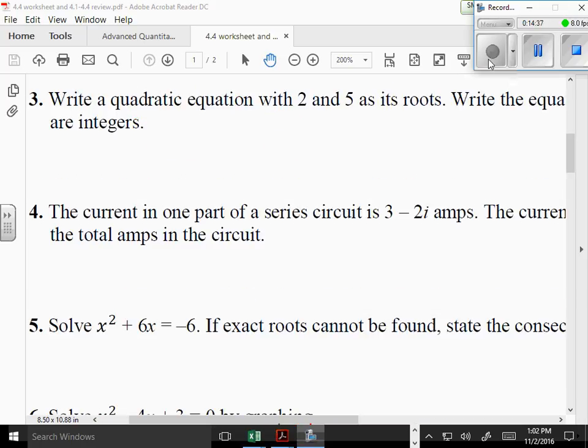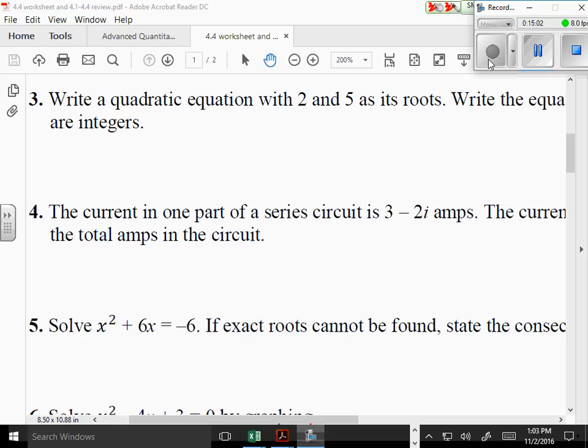An equation that has 2 and 5 as its roots. In other words, that's where the parabola hits the x-axis, which is just like problem number 1. We look for the roots. Where does it hit the x-axis? So we got 5 and 2.